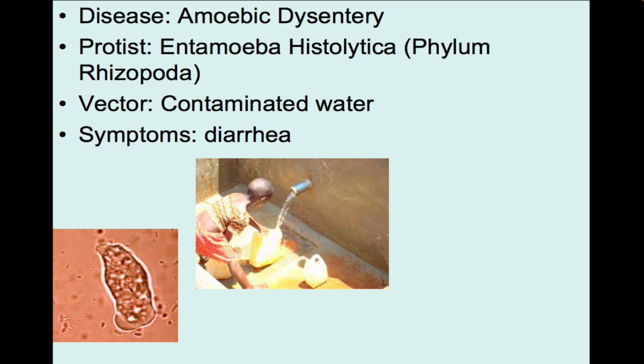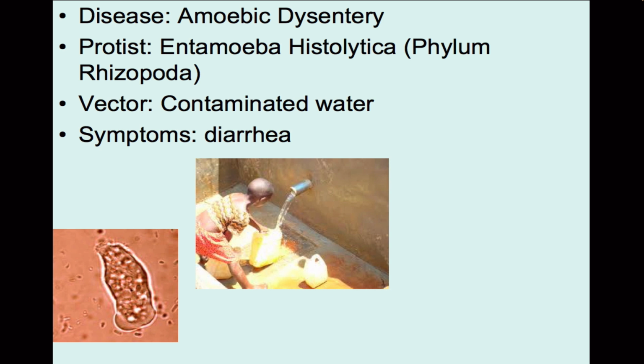The next one is amoebic dysentery, and amoebic dysentery causes diarrhea. And here in America, that doesn't sound very critical to us. We don't really think of that as something that could kill.